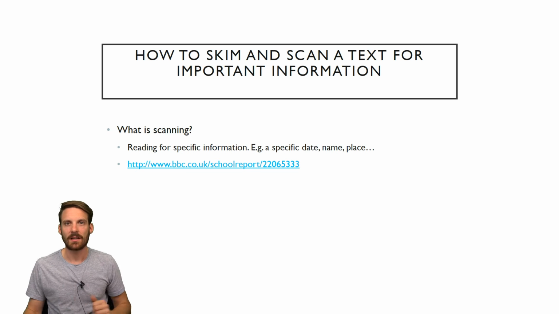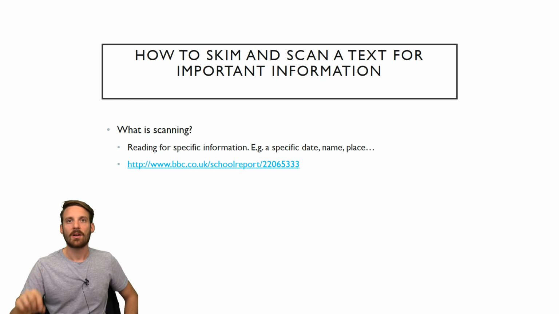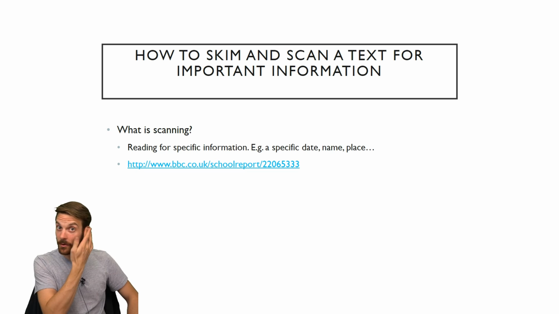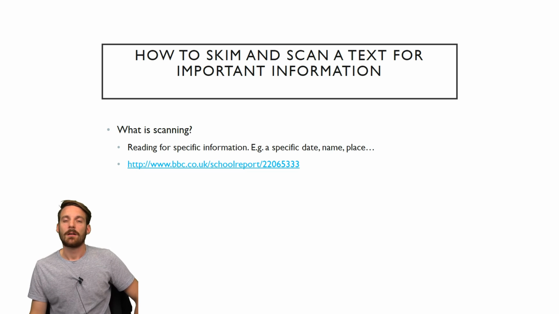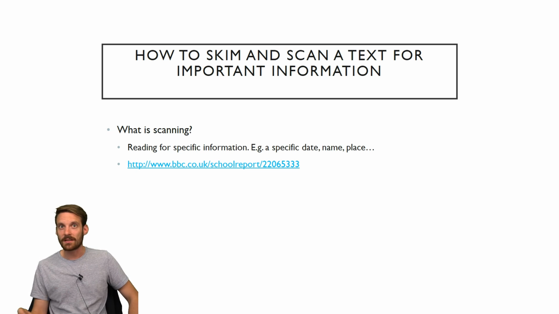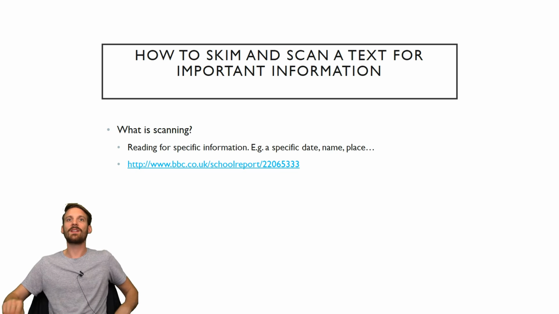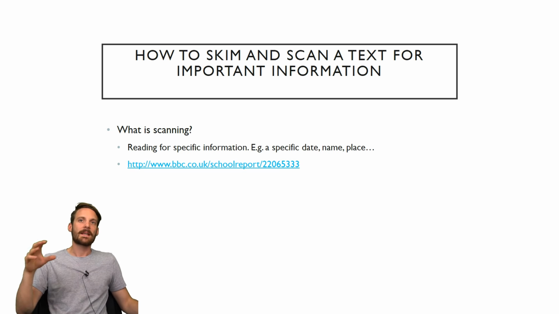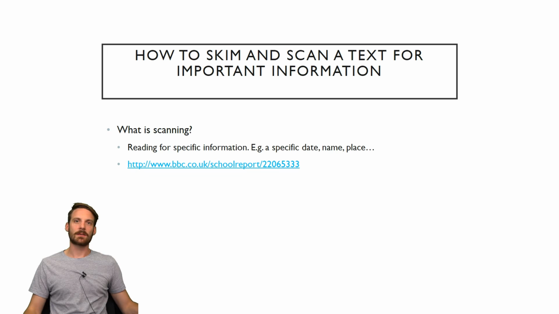And you have an article, and you're just looking for his birthday. So you can quickly find it out. You just have to go through all the numbers in the article, and you don't have to read the whole article. That's what scanning is all about.